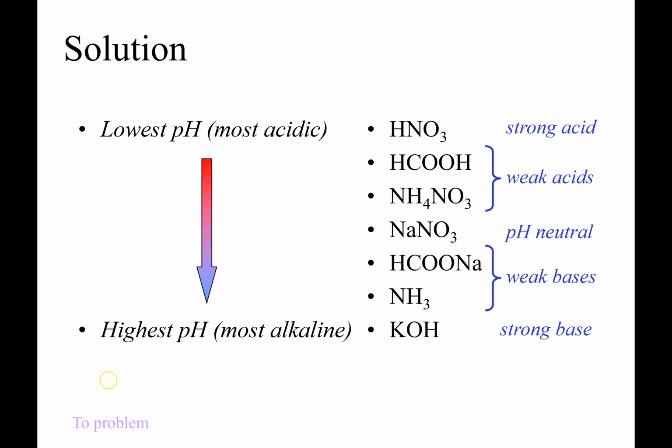So as long as you can categorize them, I think you should be fine in a qualitative question like this. The thing about what sort of chemistry you can expect to happen, I'm going to show you on the next few slides.